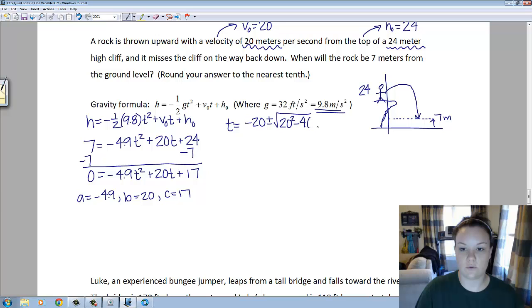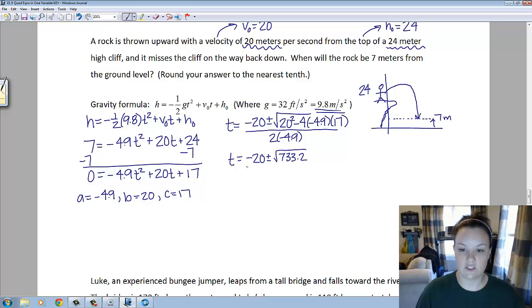Now, we all know how to simplify this. We did several of these earlier, so I'm going to skip a few steps. So this is negative 20 plus or minus, underneath our radical, we should end up with 733.2. And underneath, 2 times negative 4.9 gives me negative 9.8.